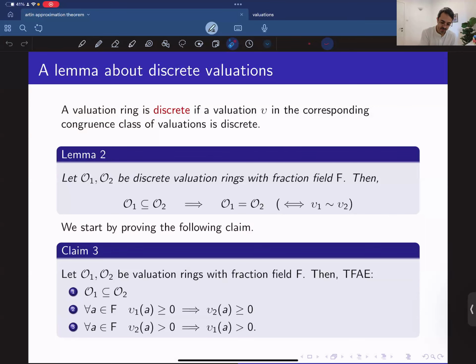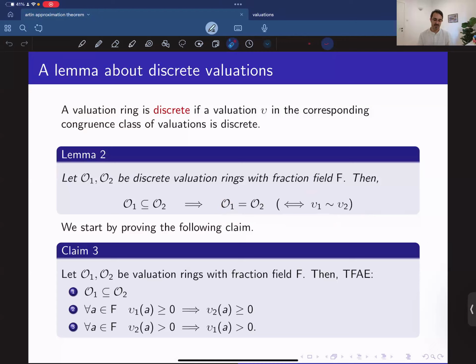So with this, we have the following lemma. Let's say you have two discrete valuation rings, O1 and O2, with the same fraction field. Then what I'm saying is that if O1 is a subset of the other, then it has to be equal to it. In particular, that is equivalent to saying that the valuations are equivalent as valuations.